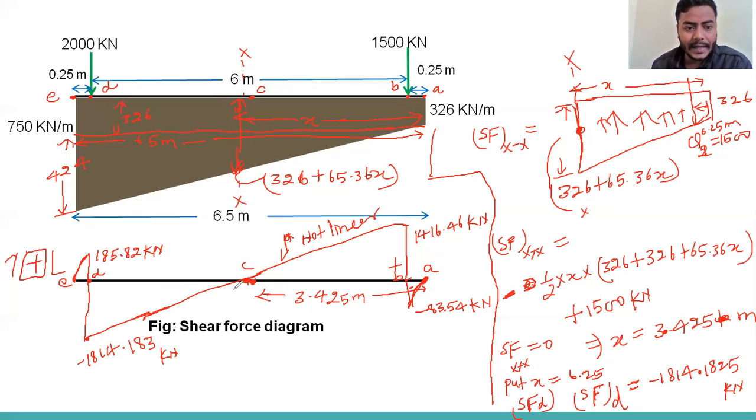So you have to locate what will be the bending moment at point D, at point C, and at point B. So we have to find the bending moment at B, C, and D points, right? Because here the shear force is 0, right? Okay. So now we can go for drawing the bending moment diagram.